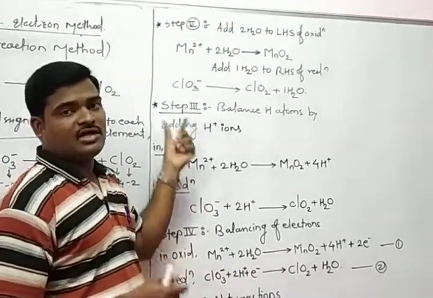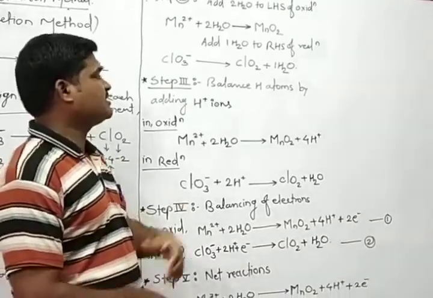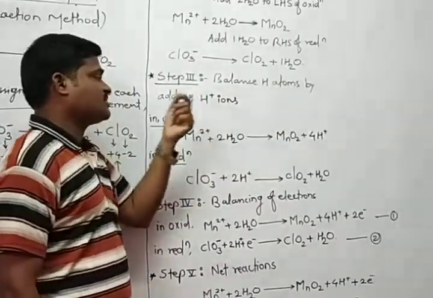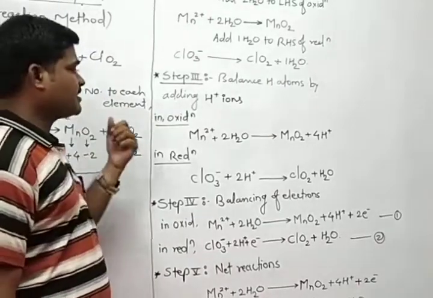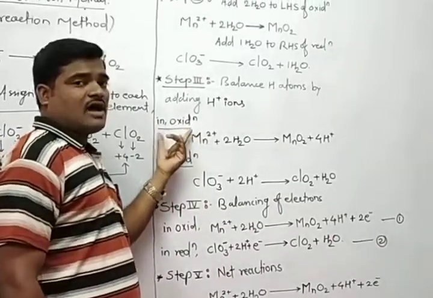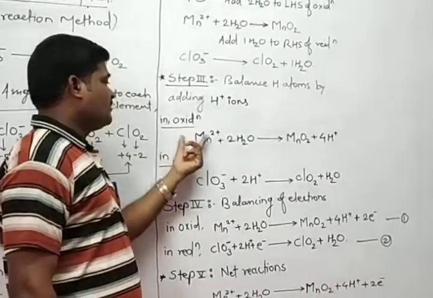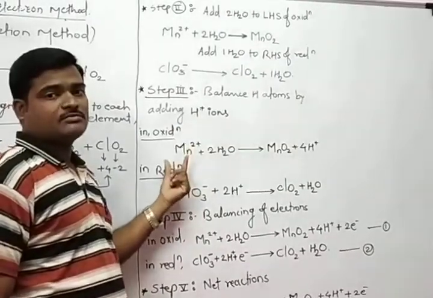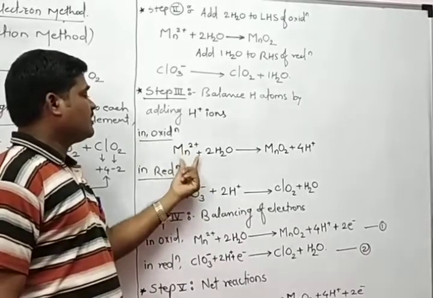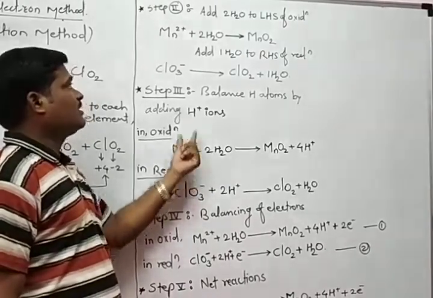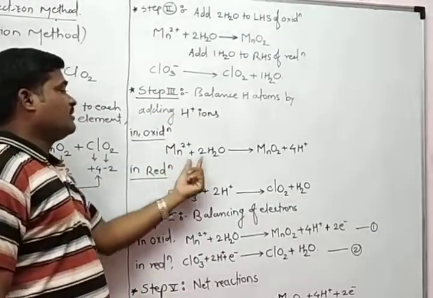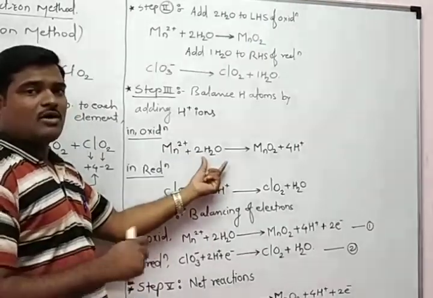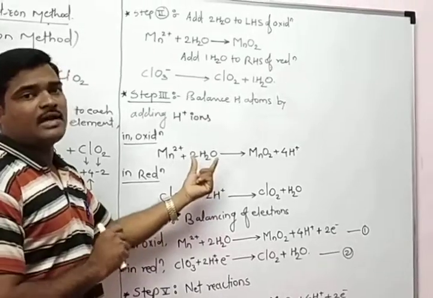Now we will move to the next step, that is step 3, balance the H atoms by adding H+ ions. In this case, both half reactions are present, means H+ ions we have to balance on both sides. Here in Mn2+, that is the oxidation, I have added 2 H2O, but the number of H+ ions are not balanced.